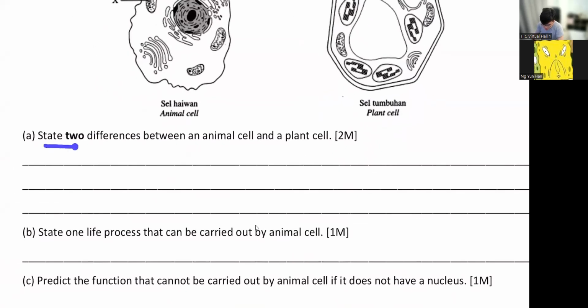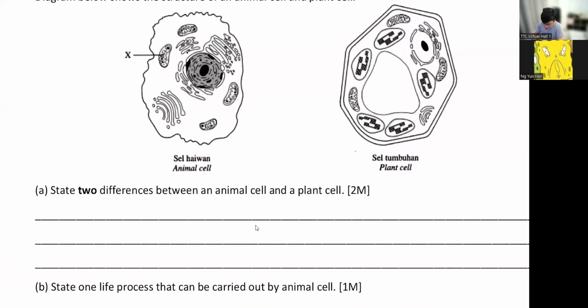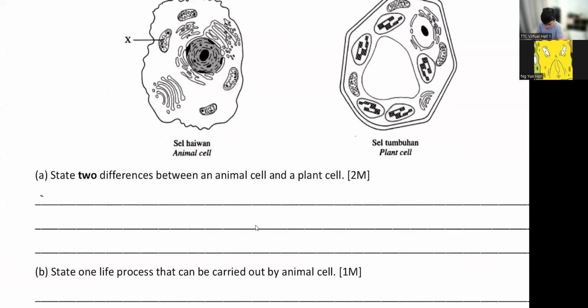Okay, so state 2 differences between an animal cell and a plant cell. Wow, we have so many here. So number 1, I can say plant cell has cell wall. Animal cell doesn't. Okay, that's one. Wow, so many you can write here.